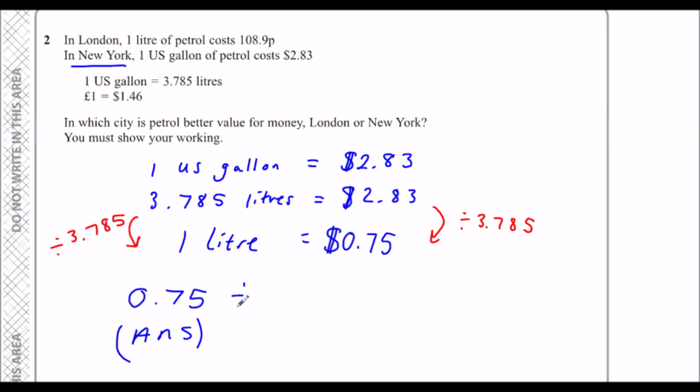If I want to change dollars to pounds, I divide by 1.46. So changing dollars to pounds, dividing by the exchange rate: the whole answer, divide 1.46. And that gives me 51p.